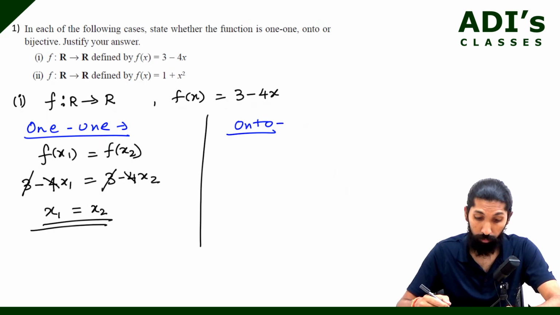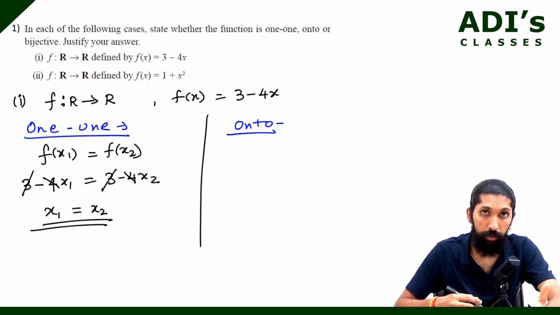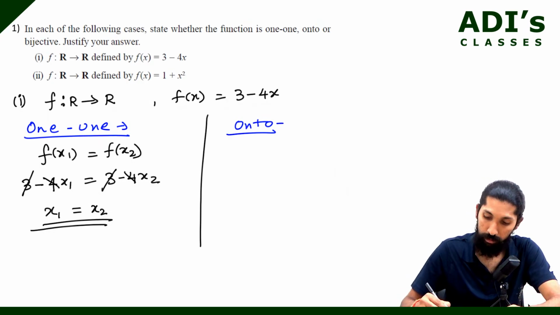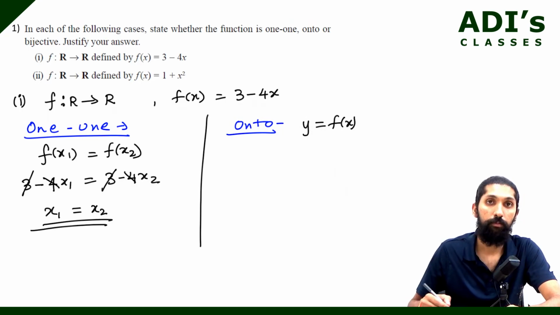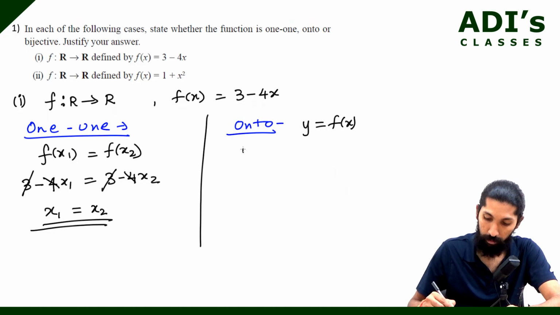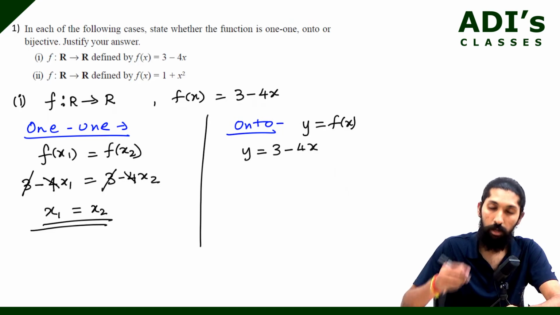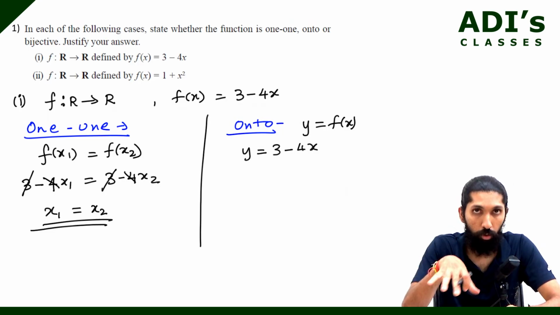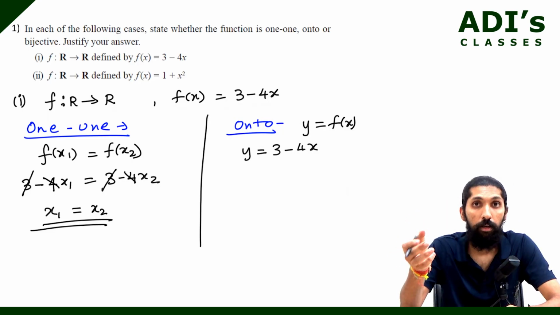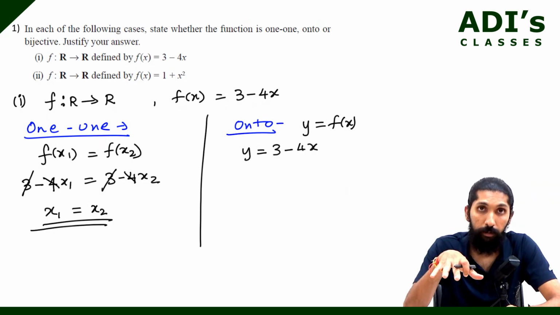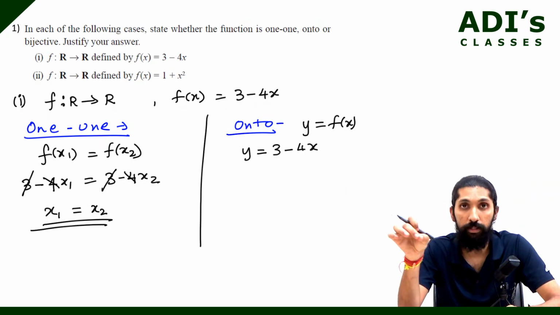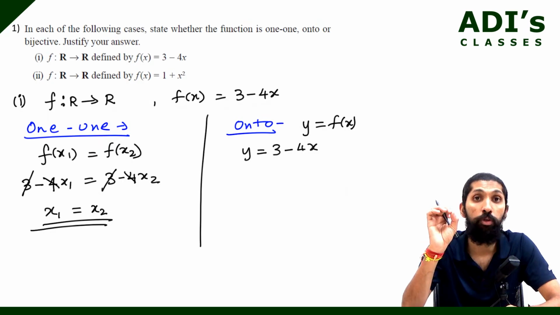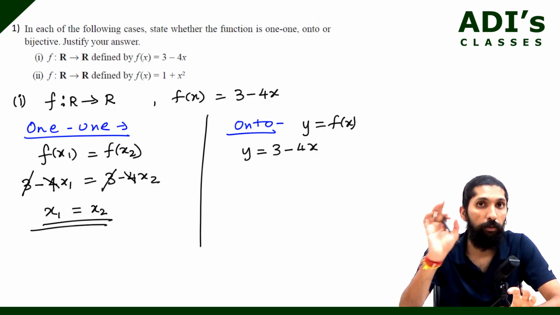So for onto, what do we do in this case? We have y is equal to f of x, so y is equal to 3 minus 4x. What we are trying to show is that for every value of y, we have a value of x. I am not talking about a unique value, just a value for x.